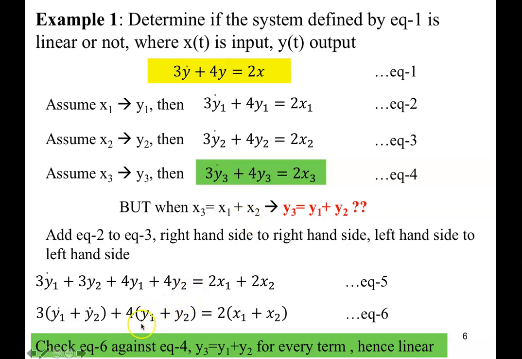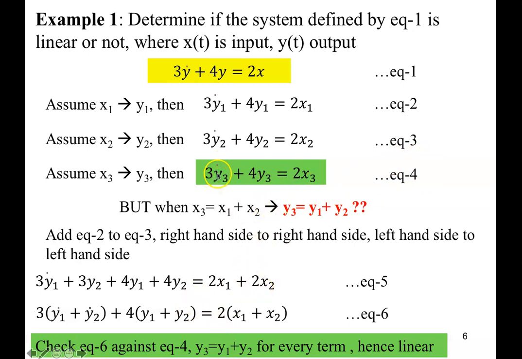I have 4 times (y1 plus y2), that's y3, and 3 times (y1 plus y2) dotted, that's y3 dot. So compare equation number 6 to equation number 4; these two are direct conversions.